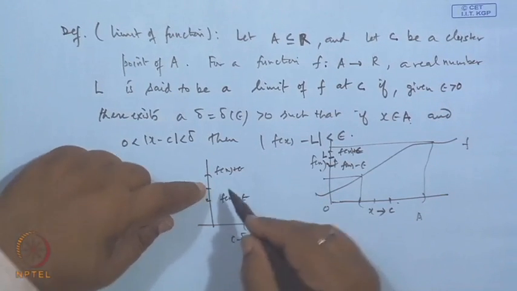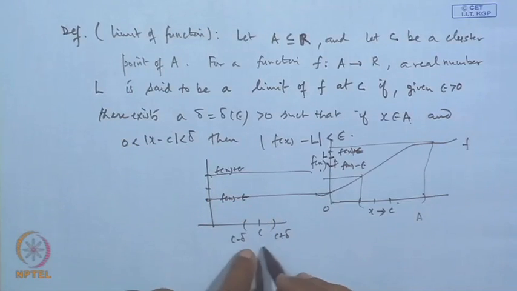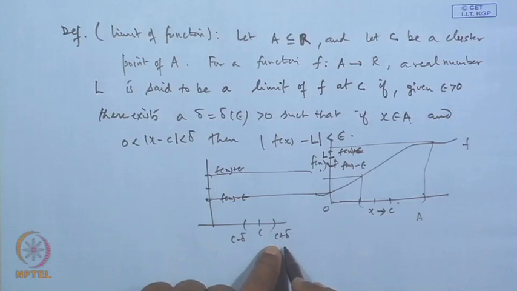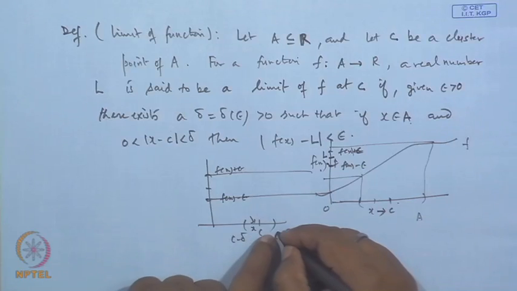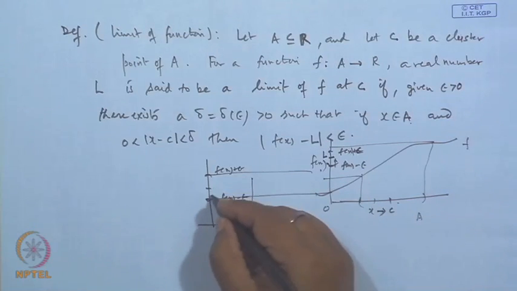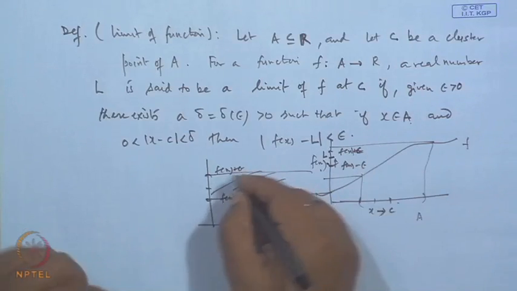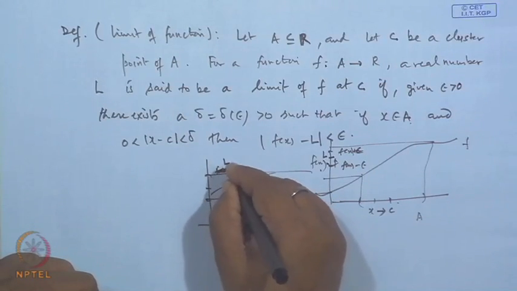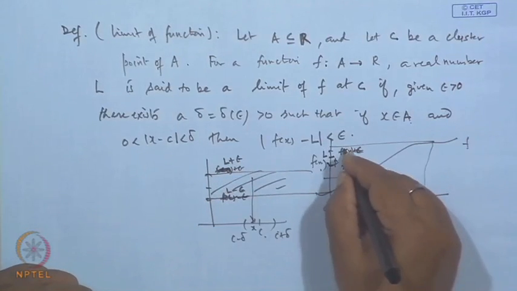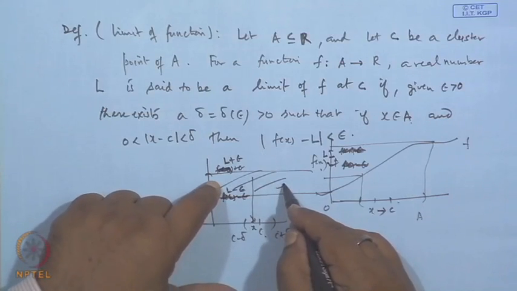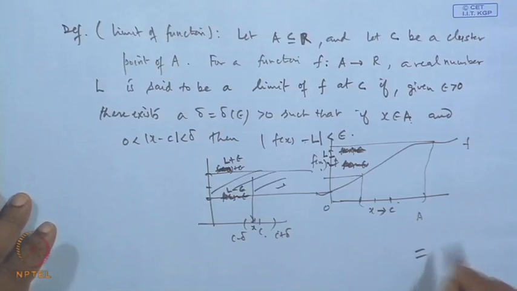For the given epsilon greater than 0, there exists a delta such that whenever we take any point x different from c in this neighborhood, the image will fall within the range L minus epsilon to L plus epsilon. Then we say that the limit of f(x) is L. Okay. Thank you very much.